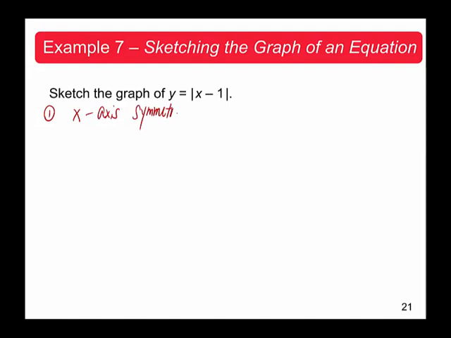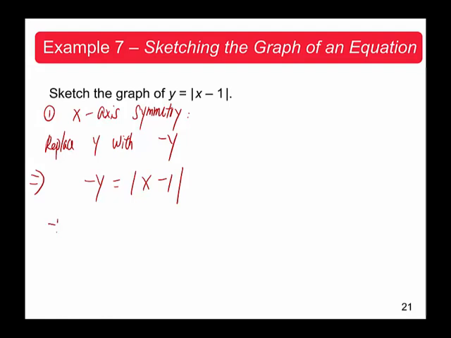For x-axis symmetry, we replace y with negative y. The key thing is to get the same equivalent equation. So y becomes negative y, equals the absolute value of x minus 1. If you get y by itself, multiply both sides of the equation by negative 1.